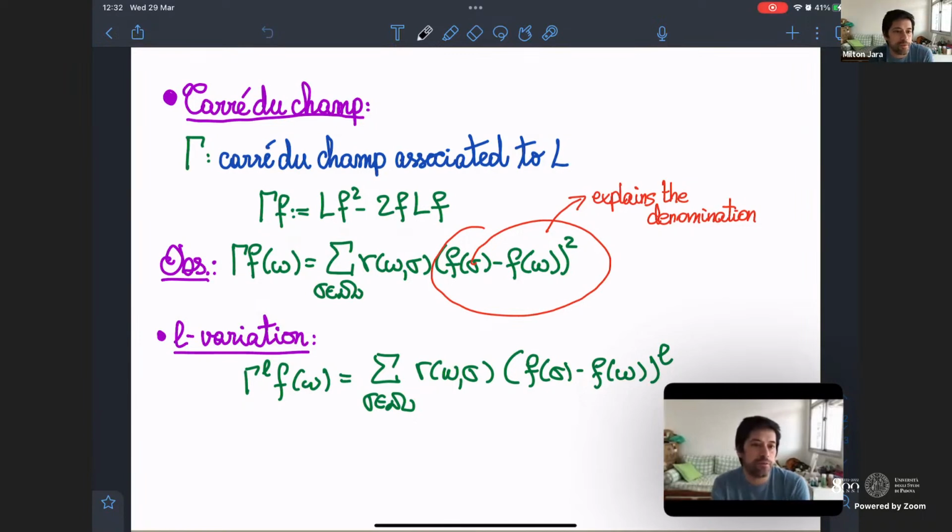Instead of taking the difference of the function when you make a jump, you take the square of the difference, and you can generalize it to what I call the L variation. Instead of taking the square, you can take any integer power L. That gives you a multilinear operator gamma L.